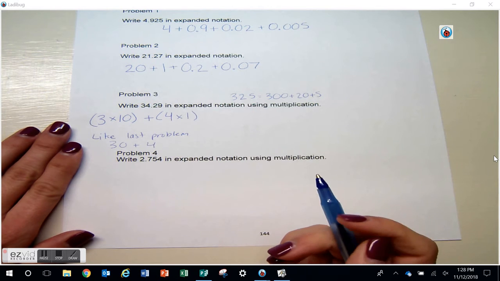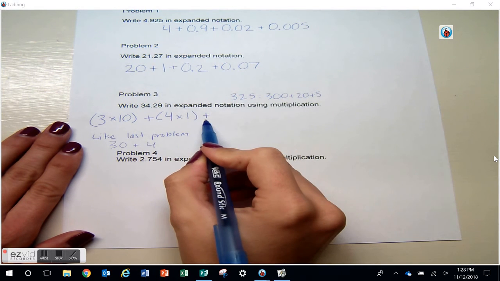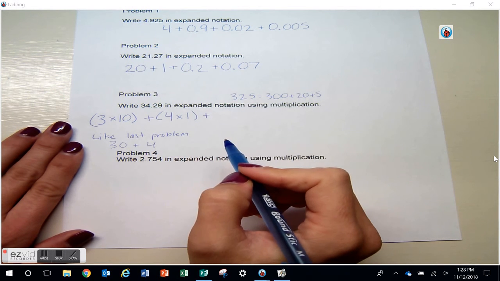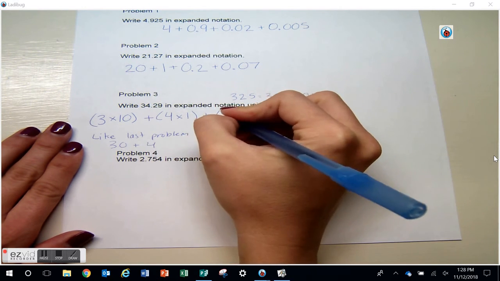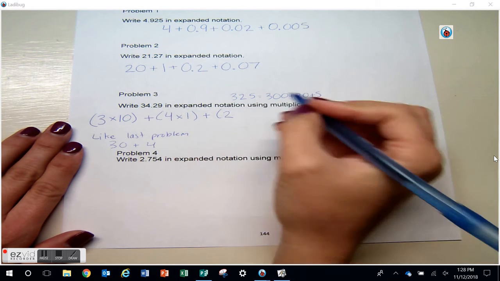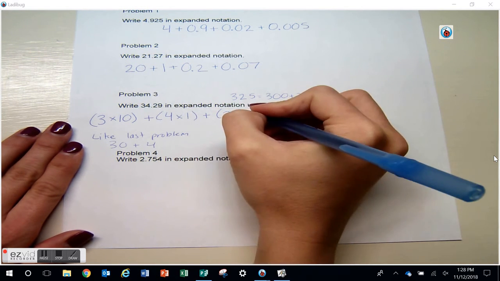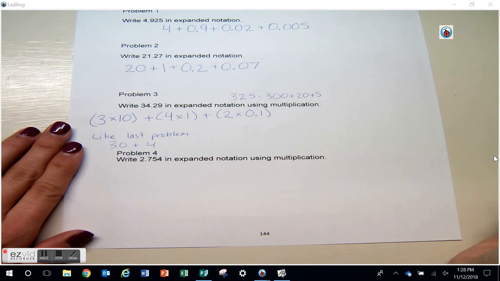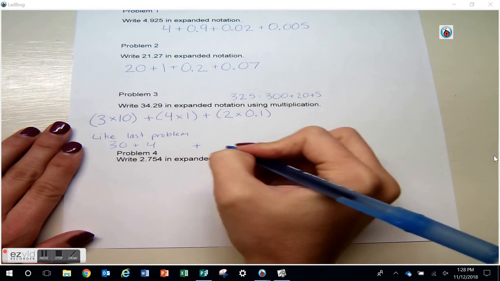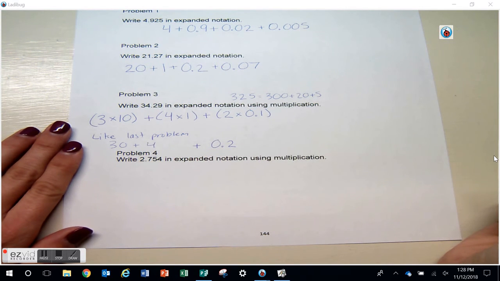Okay, let's move on to the next place value. Again, I'm adding because expanded notation we've written is a sum of the values of each digit. Here I have a 2. That 2 is in the tenths place. So I'm going to multiply 2 by 1/10. 2 times 1/10 gives me 2 tenths.